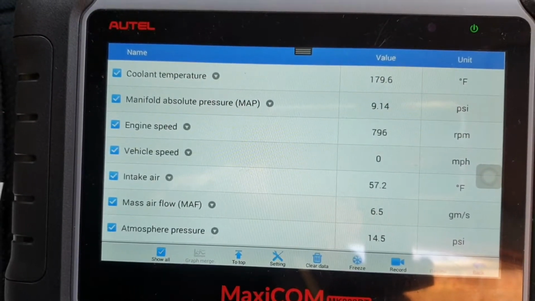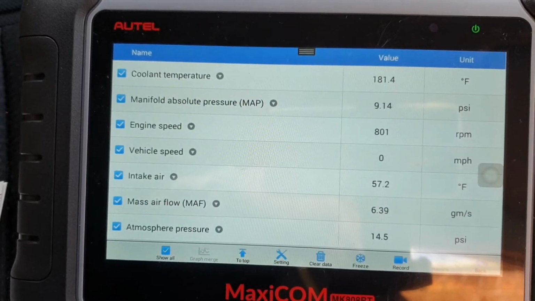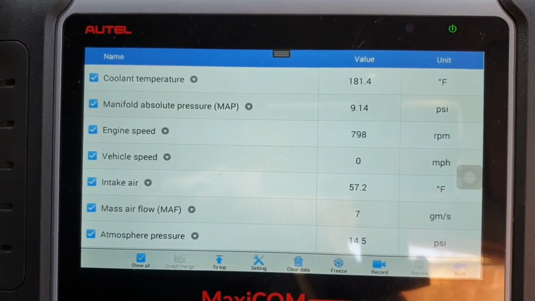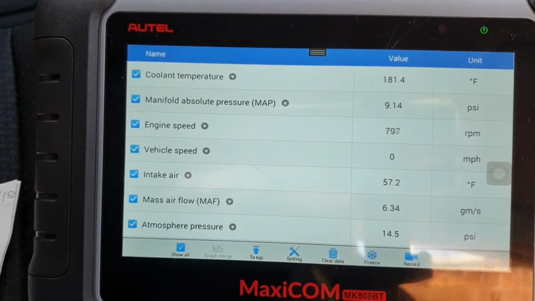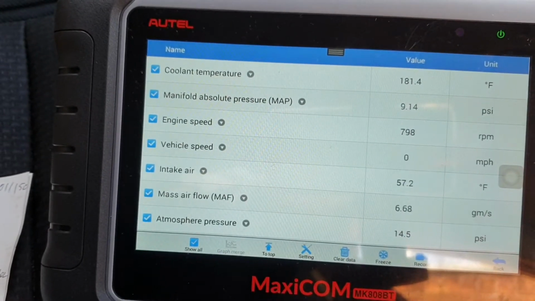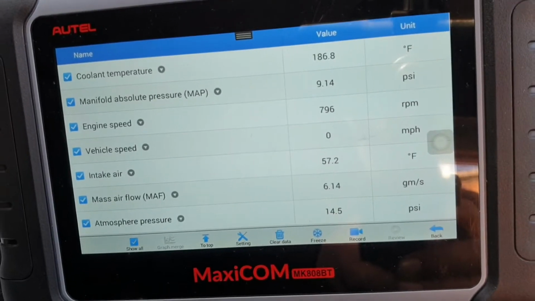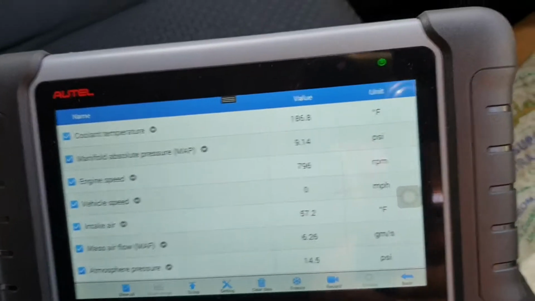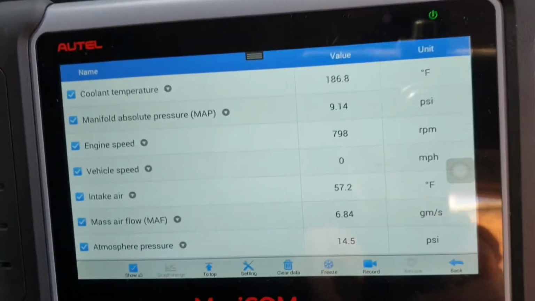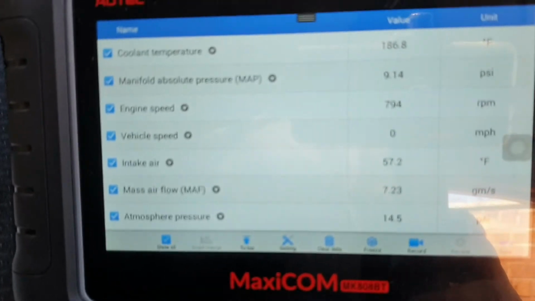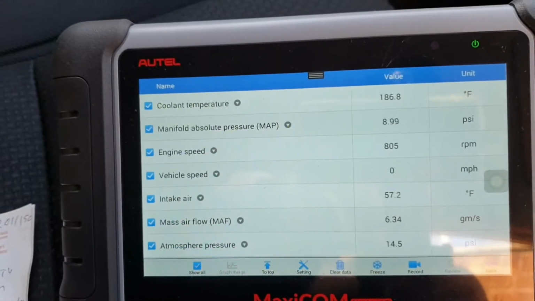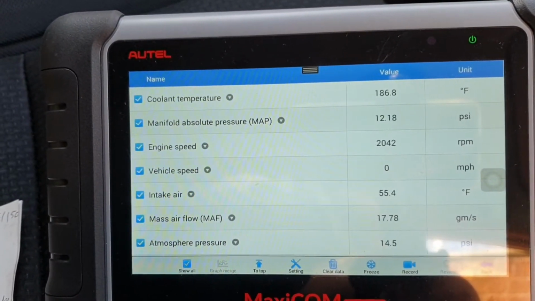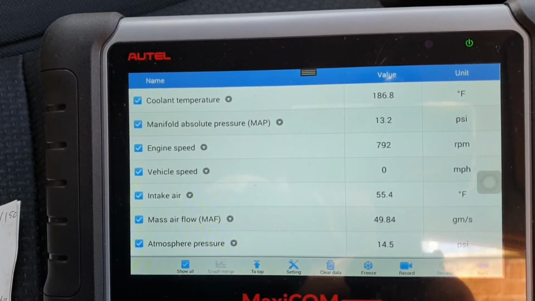The coolant temperature is 179, and let me work out how much that is. It is 186.8 Fahrenheit, approximately 85 or 86 degrees Celsius. Now I'm going to rev the engine, and you see if there is any change in manifold absolute pressure.